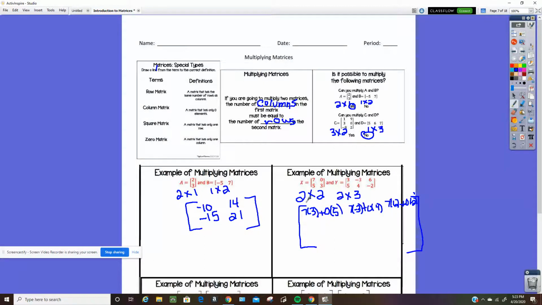Here's my first row. My second row is going to be 5 times 3 plus 3 times 5. And then 5 times -3 plus 3 times 4. And then the last entry here would be 5 times 6 plus 3 times -2.